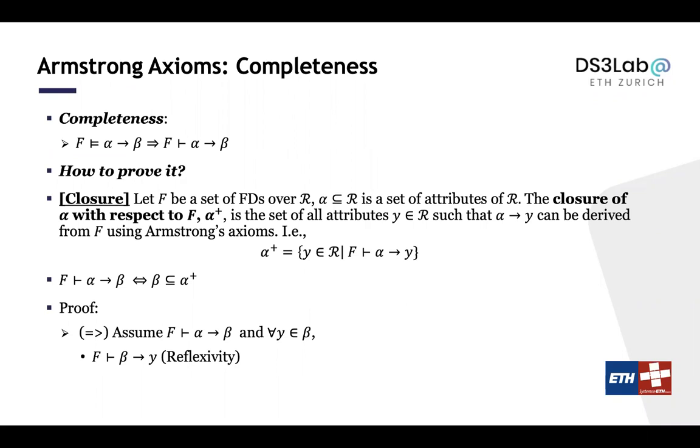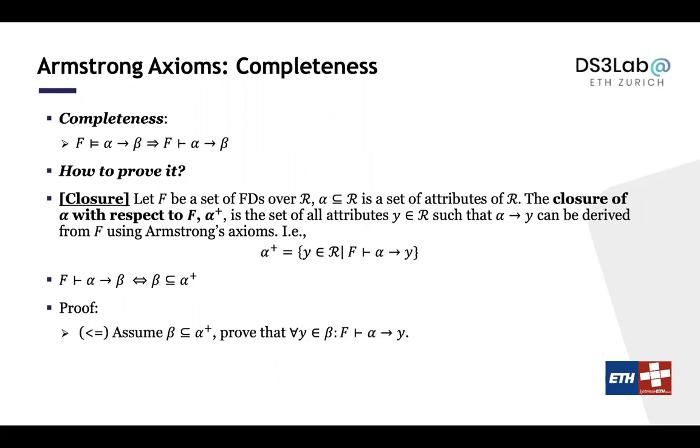In this case, you first have reflexivity: given F, you can derive beta to Y, because Y is part of beta. And you have transitivity: you already have alpha to beta, you have beta to Y, then you can derive alpha to Y. And then by the definition of closure, Y is going to be part of the closure of alpha.